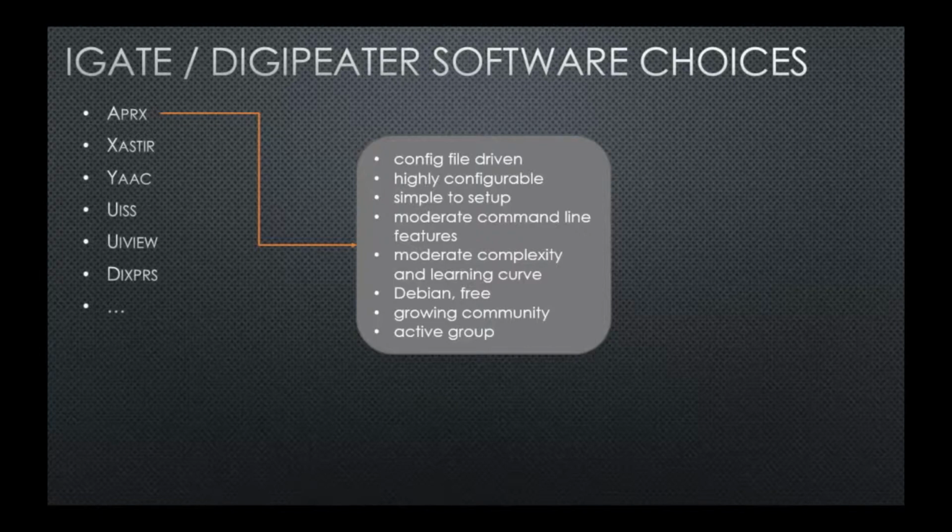There's some moderate learning curve involved because of some of the jargon, some of the terminology the product uses to define its behavior, but nothing too complicated for someone to pick up and run with. It's available on the Debian platform. It's completely free and open source. There's a growing community of developers and users for APRX, and the group is extremely active.